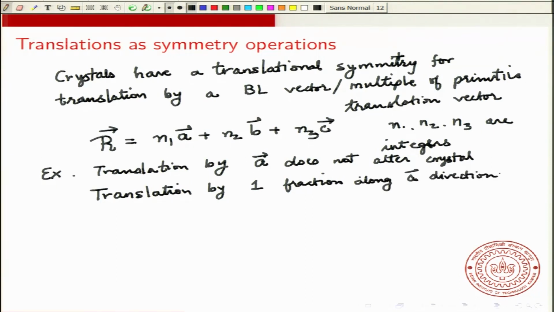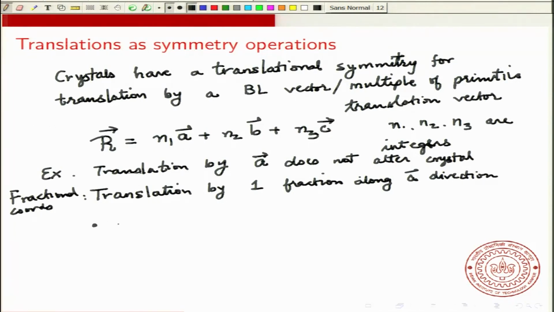That means instead of saying translation by a, you say you translate by 1 along the a direction. And this is in fractional coordinates. So let us take an example.